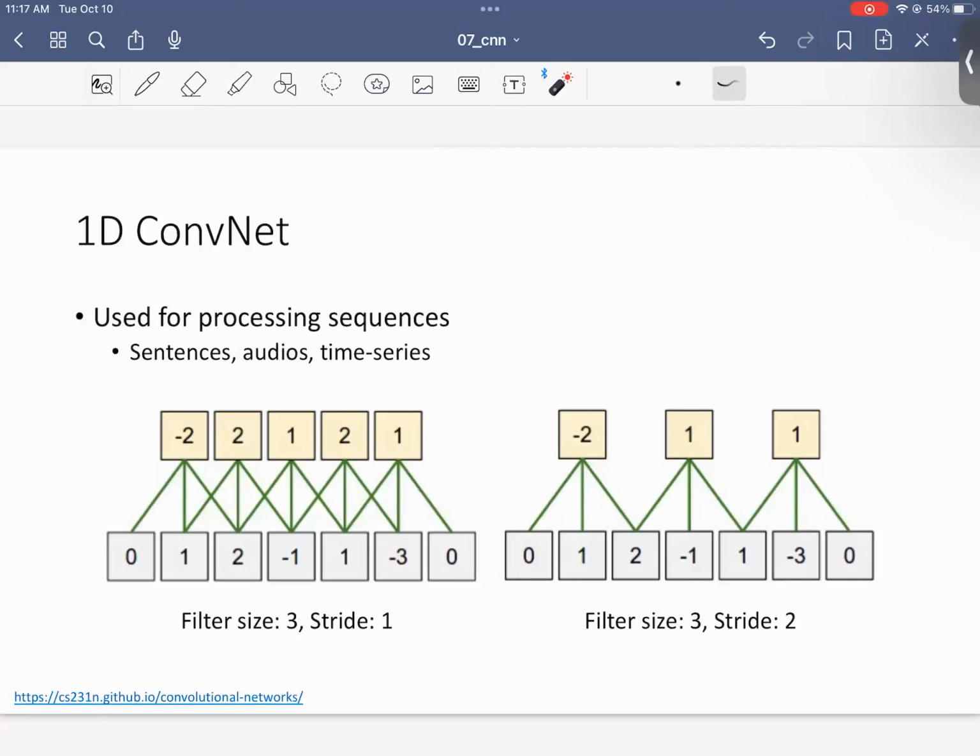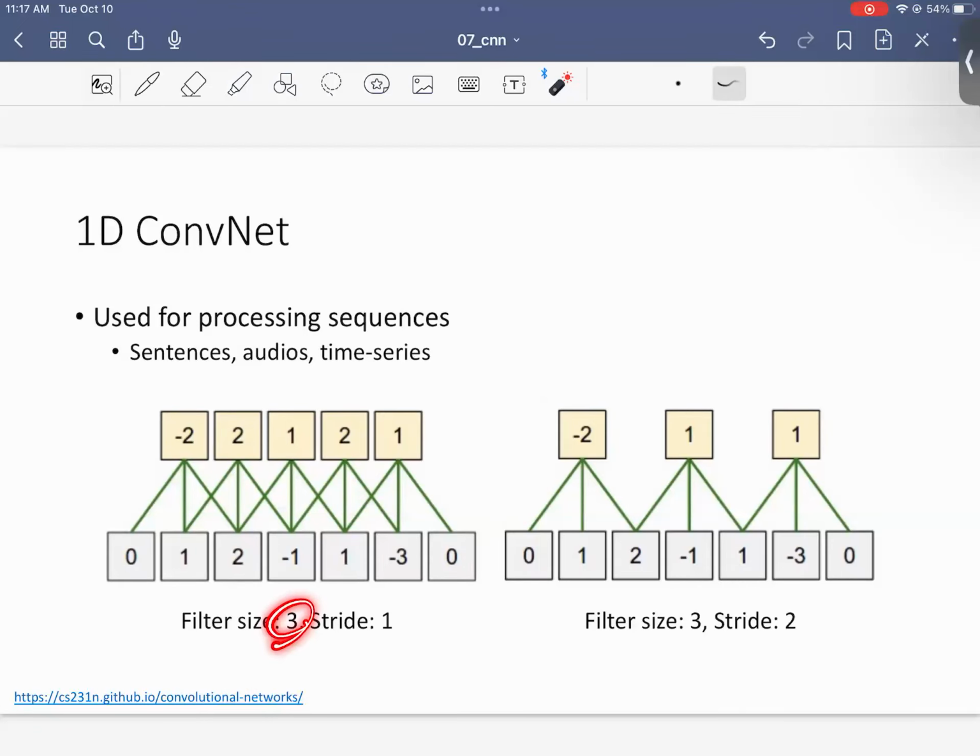Just a side note on 1D convnet. So far we've only talked about 2D convnet, but you can totally use 1D convnet, as if you're using DSP and have a one-dimensional signal, like a sequence. You have a sequence, and you can use filter 3. So it's no longer 3x3 because it's one dimension.